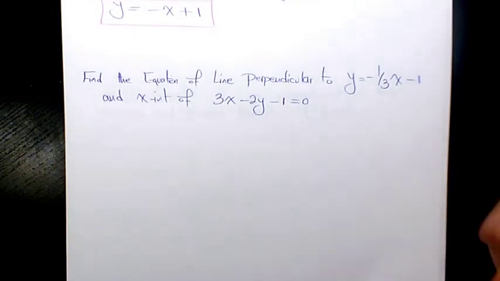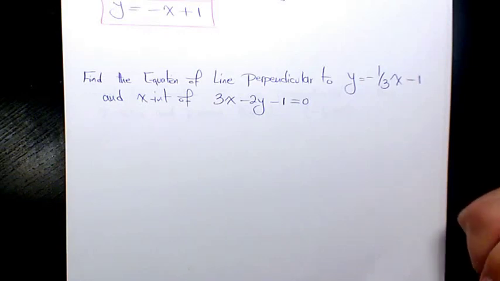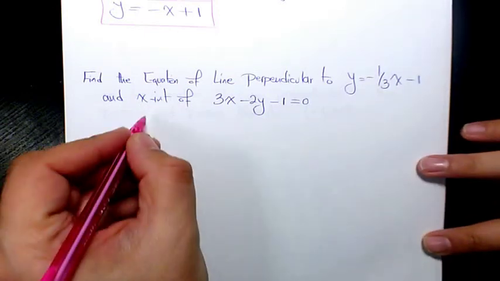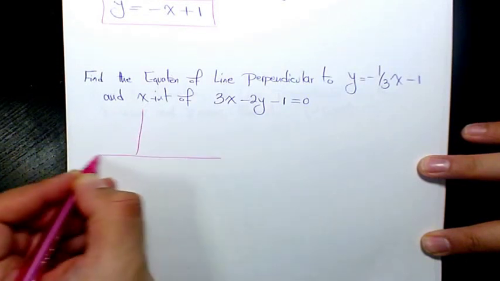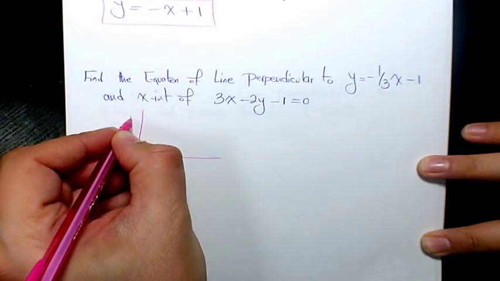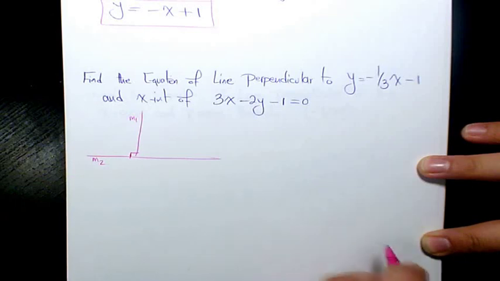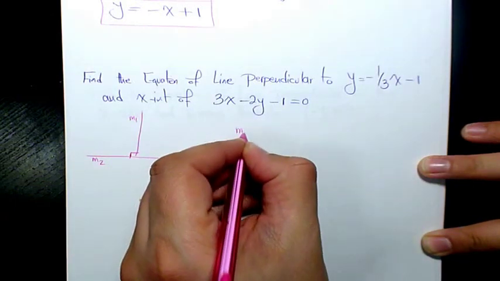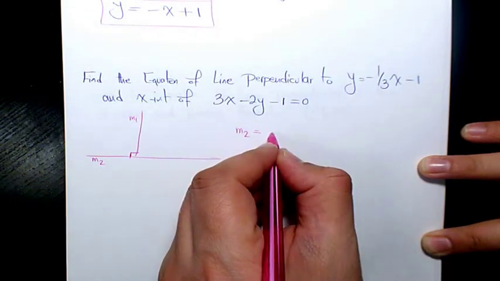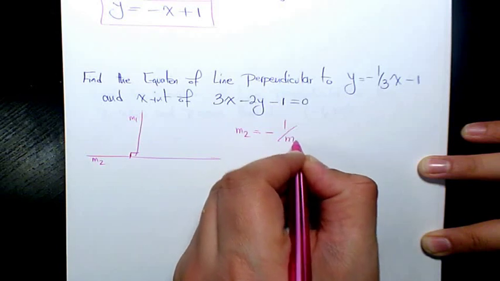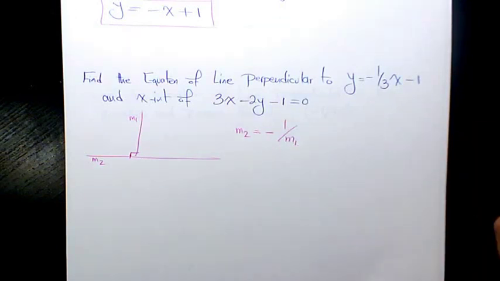Next example, it says find the equation of the line perpendicular to y equals negative 1 over 3x minus 1 and x-intercept of 3x minus 2y minus 1 equals 0. Again, we are talking about two perpendicular lines, and as I said earlier, when we are dealing with perpendicular lines, the slope of one line is going to be negative 1 over the slope of the other one.